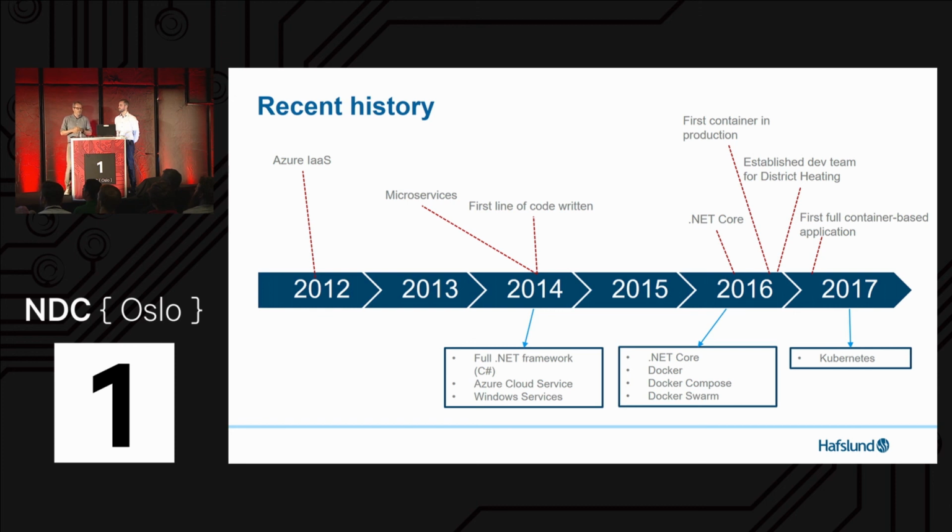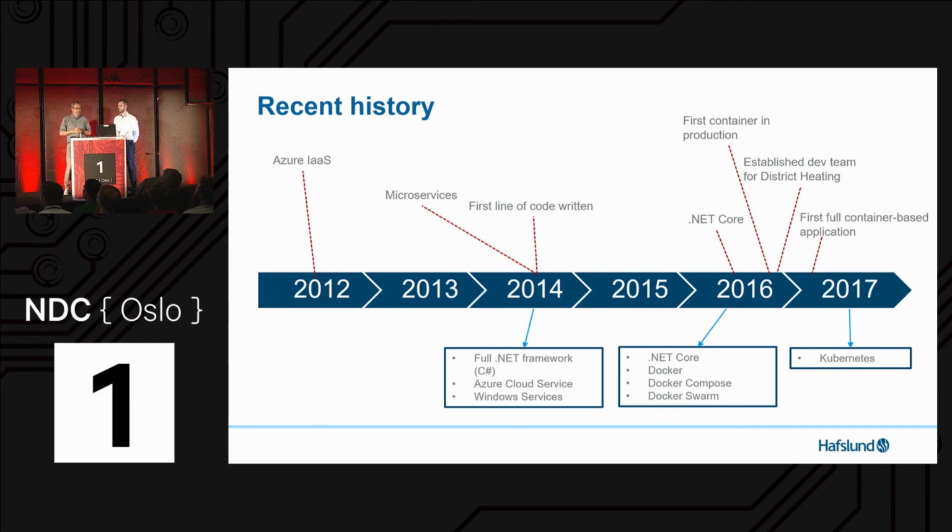The modern world started for us in the middle of 2014, when we wrote our first line of code on the full .NET framework, with Azure Cloud Services or Windows Services. We also made a decision to try to go microservice. We didn't know that was our decision.